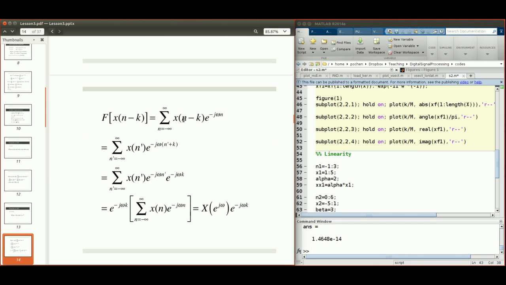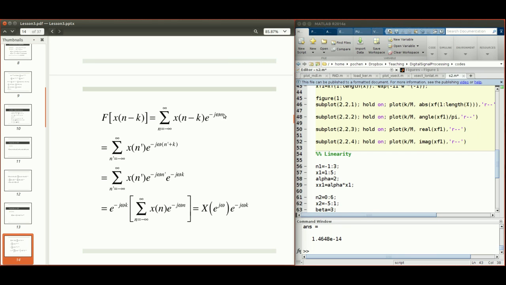And then what we have to do is to find a substitution. So using n subtract k and substitute n subtract k using n prime. So we define a new variable n prime. N prime actually equals to n subtract k, right? So now we can replace xn subtract k with xn prime, right?